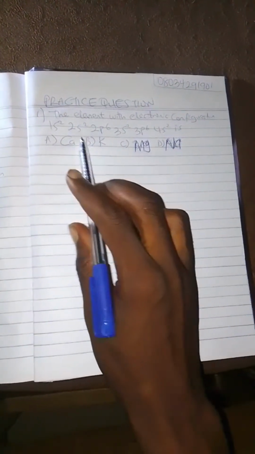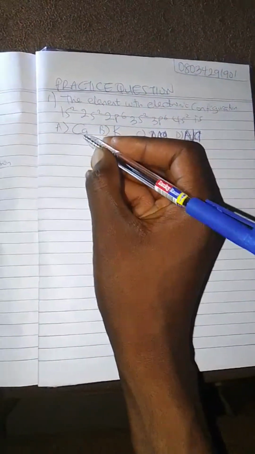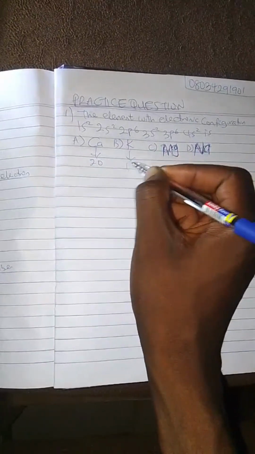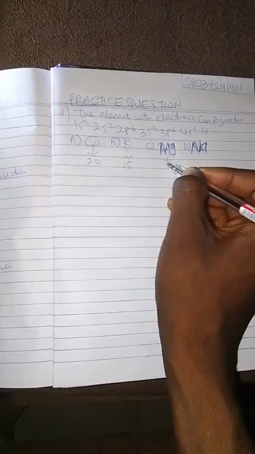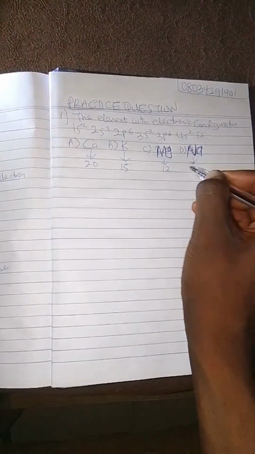The options here should be Mg and Na. Sorry for the mistake. So the answer is calcium. Why is it calcium? The atomic number of calcium is 20. The atomic number of potassium is 19. The atomic number of magnesium is 12, while the atomic number of sodium is 11.